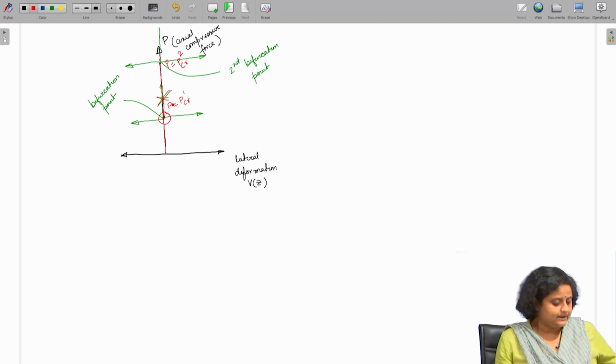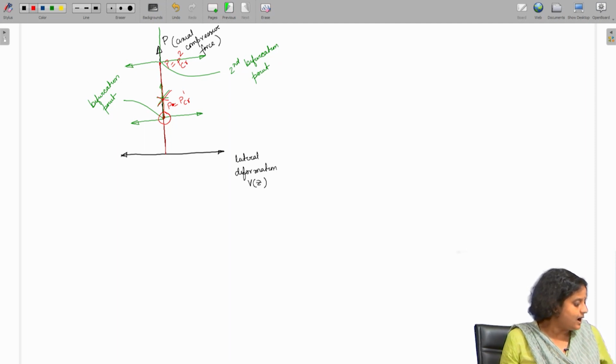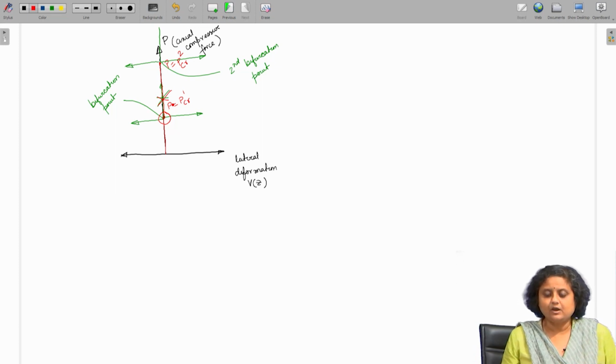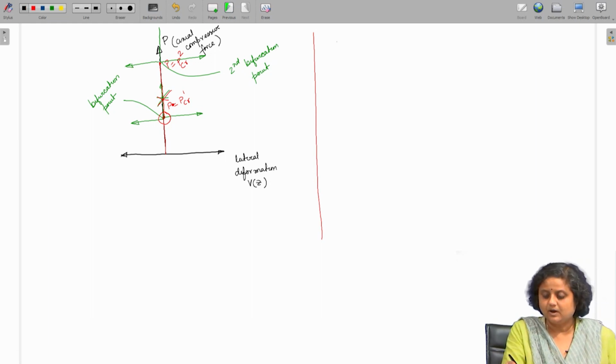Now, let us move into a second case where we will have a column with initial imperfection, and we will see how we can solve the problem due to initial imperfection. But before that, let me just summarize what will happen for a perfect column.